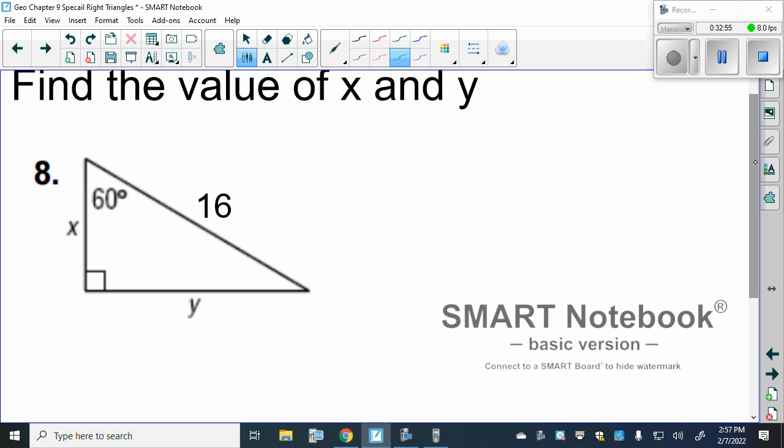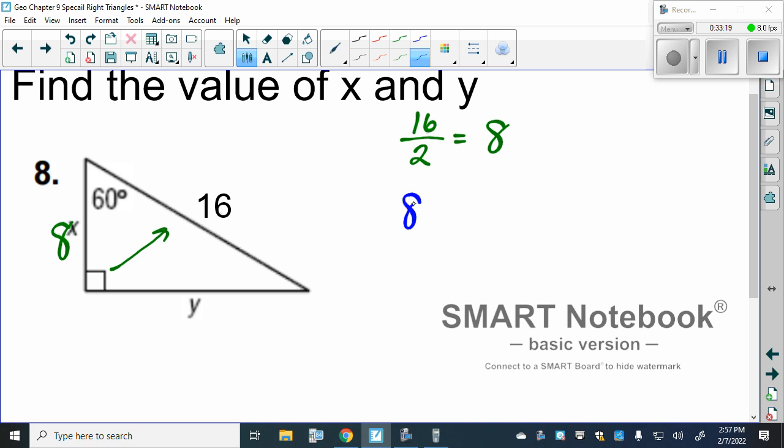So this one here, again, they gave us 16, which is the side opposite the 90, which makes it the hypotenuse. So the first thing we would do is take 16 and do what? Divide by 2, which would be 8. So we divide the hypotenuse by 2 to get to the short side length, which would be 8.